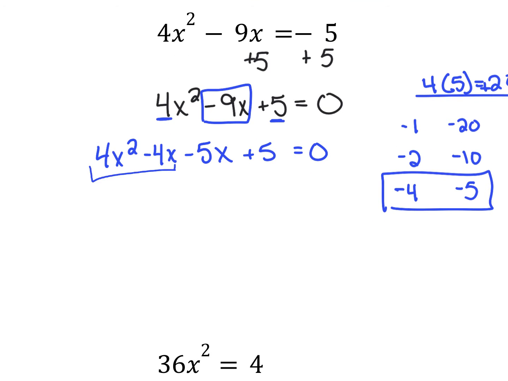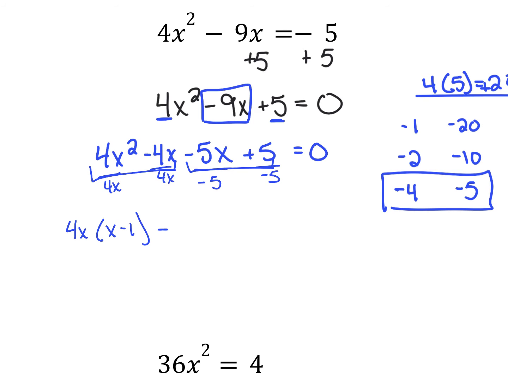I'm going to group and find the GCF between both of those. Between the first one, I have a 4 and an x, so we're going to divide by 4x. That will give me x minus 1. And in the second group, I see a minus, so I need to factor out a minus for sure. And it's going to be negative 5.